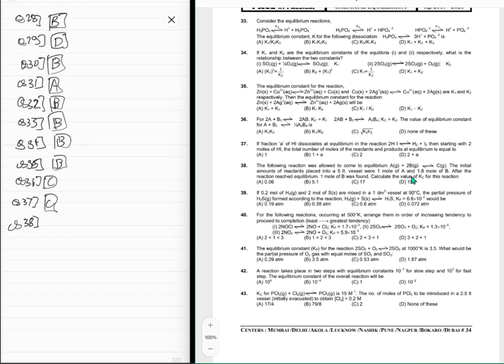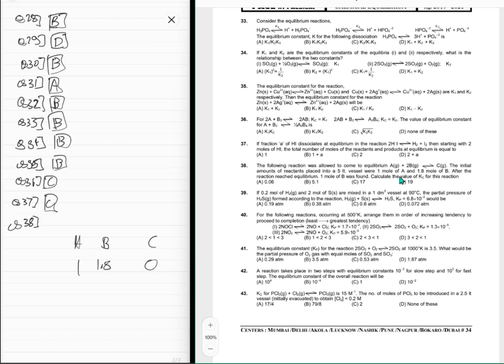Calculate the value of Kc. Initially for A, B, C, what were the moles? It was 1 mole of A, 1.8 mole of B, and possibly 0 moles of C, because they didn't specify it.